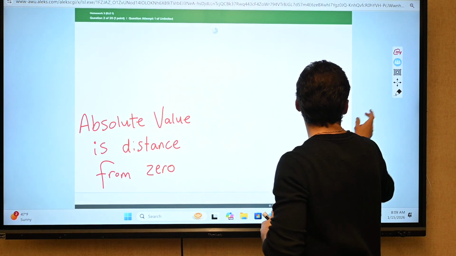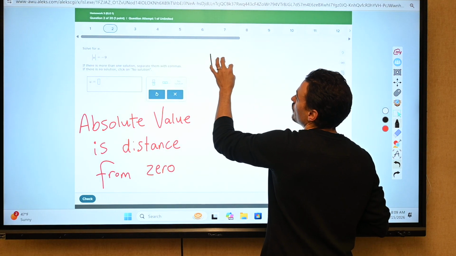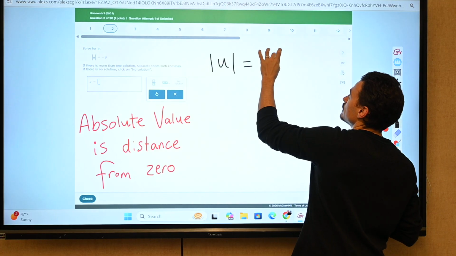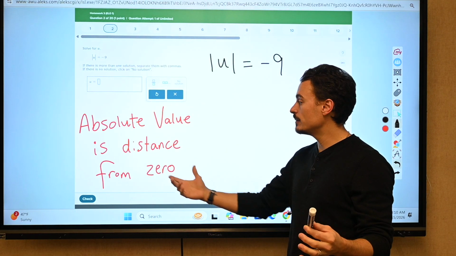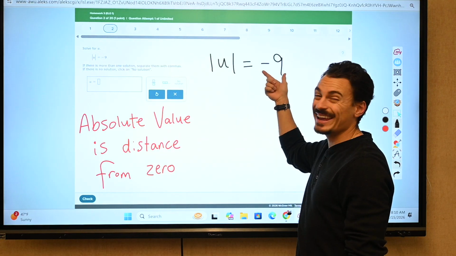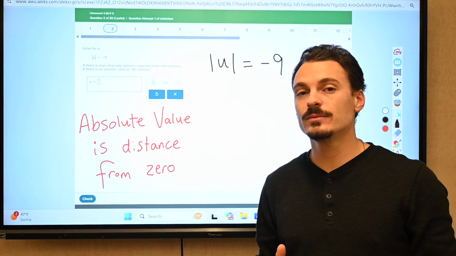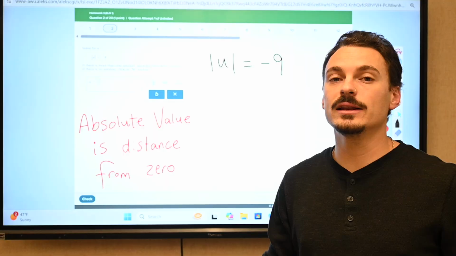There's no such thing as negative 0. This question is the absolute value of u is equal to negative 9. So for this question, my distance from 0 is negative 9. This is not possible. You cannot have a negative distance from 0. There's no such thing as a negative distance.